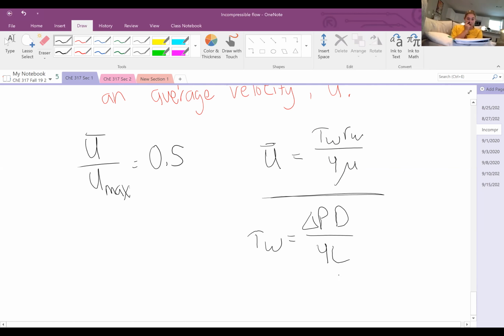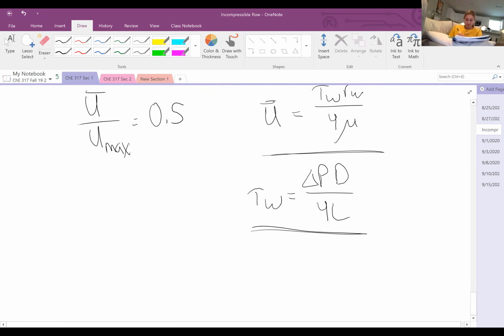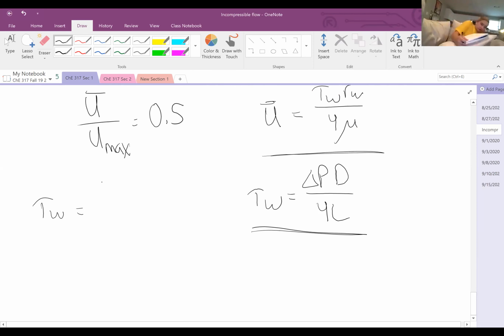Once again, we have two expressions that both quantify shear, but one looks at pressure drop, one looks at velocity. So if I rewrite my velocity expression in terms of shear, I'm left with tau w equals 4 mu times u bar divided by rw.